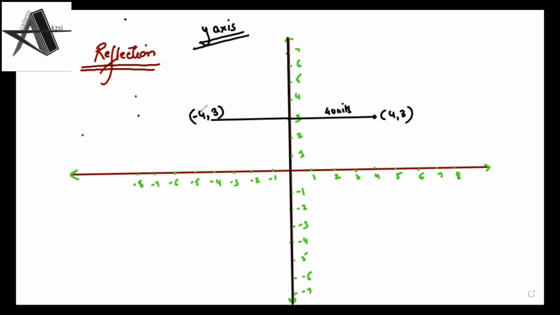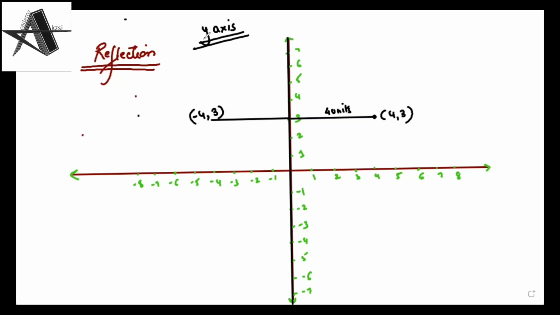So the reflection of 4, 3 about the y-axis is -4, 3. From here, you can easily understand why, in questions of reflection, the important thing is the mirror line. They will definitely mention the mirror line and then you have to reflect about that mirror line.